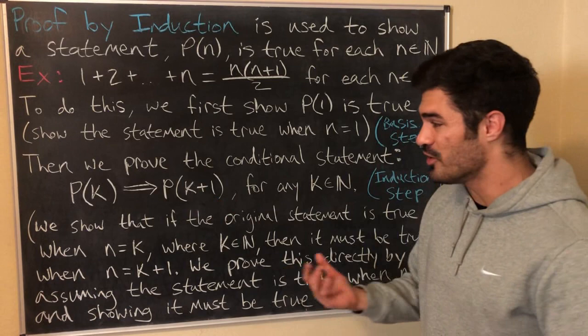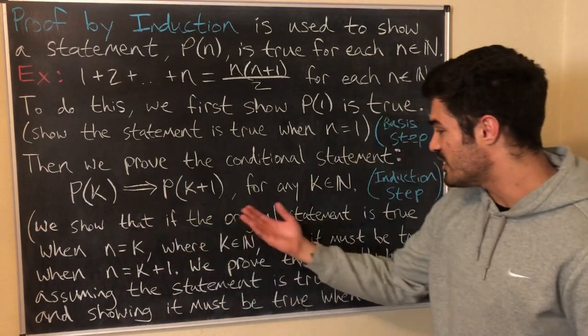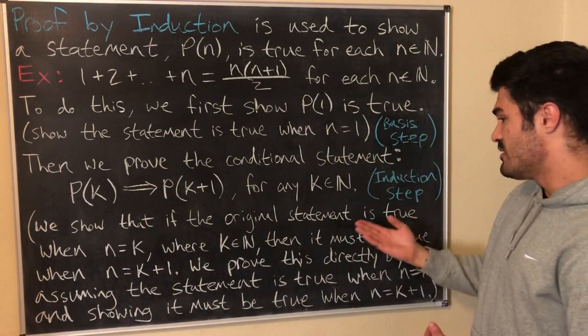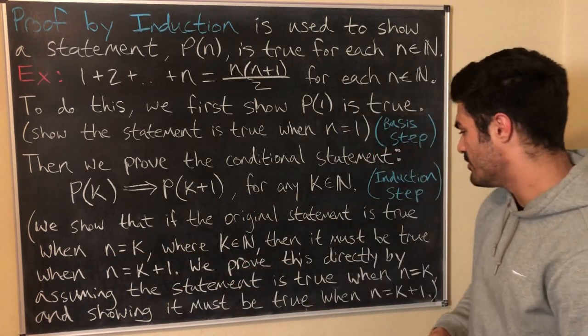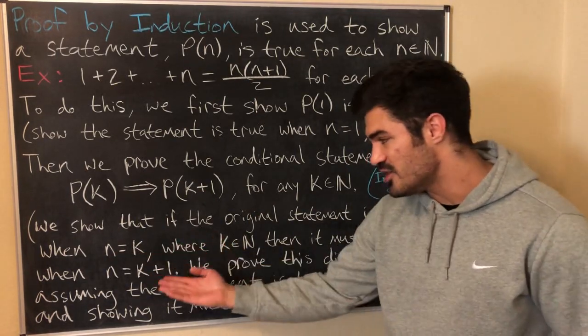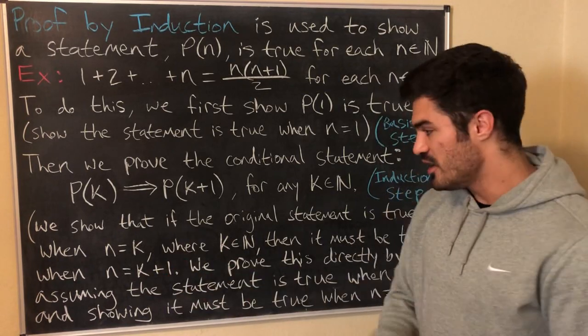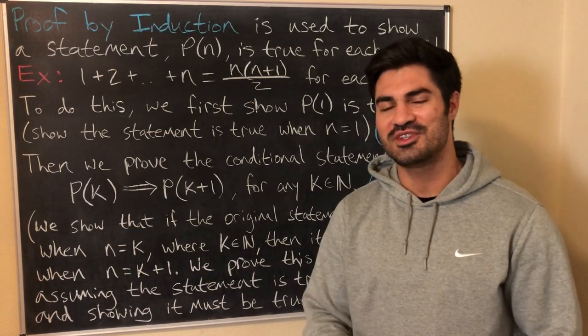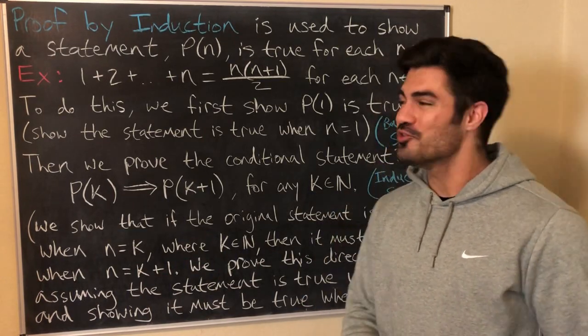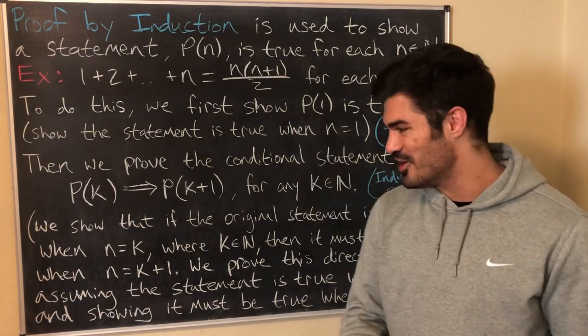And what this means in words is that we want to show that if the original statement is true when n equals k, where k is just some arbitrary natural number, then it must be true when n equals k plus 1, right? And we do this actually by using the direct proof method. So we kind of have to understand a little bit about the direct proof method in order to use the proof by induction method.